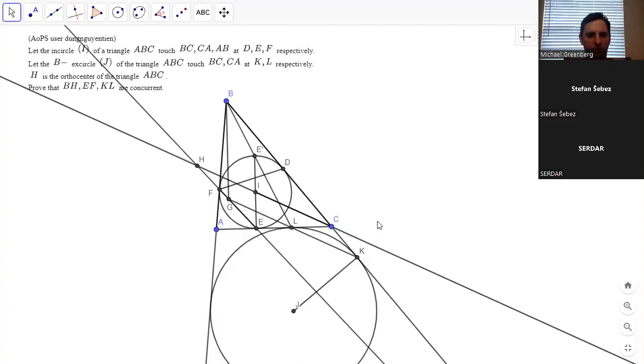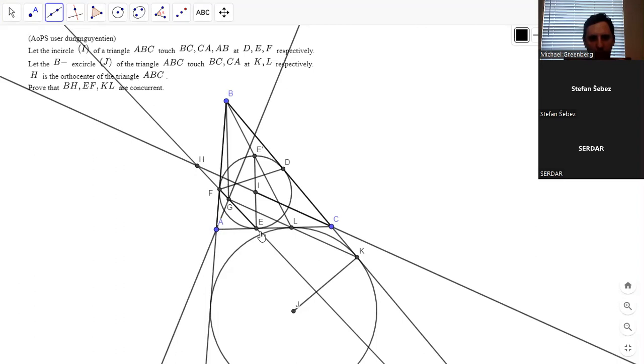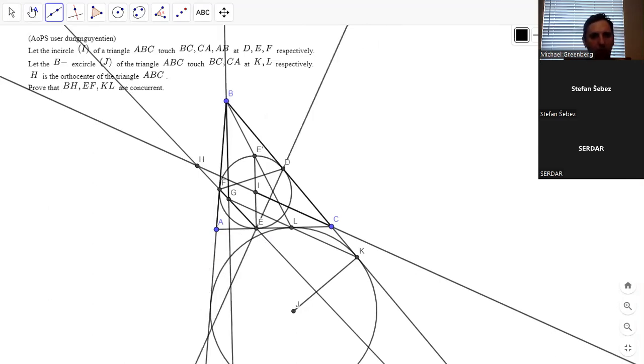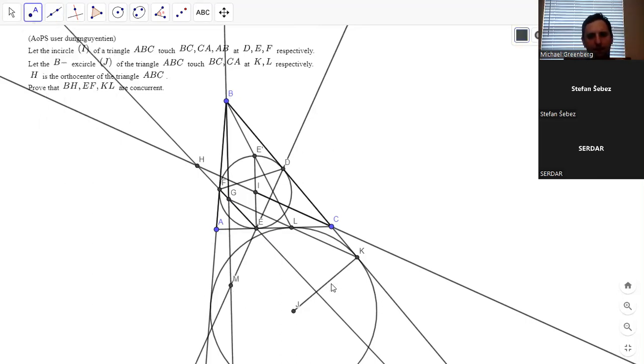Can you intersect AG with ED? AG with ED? Sorry, BG. I thought A was the top one. Now we want to prove that E is the orthocenter of LGM.